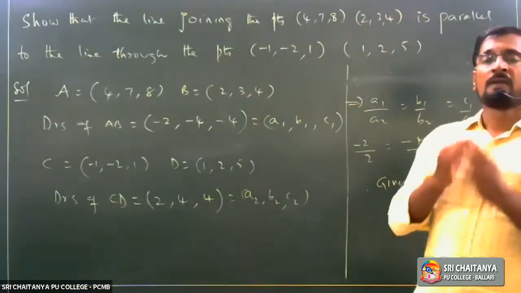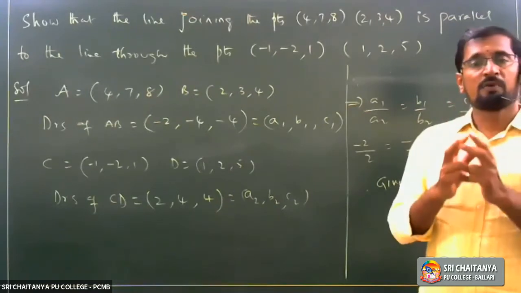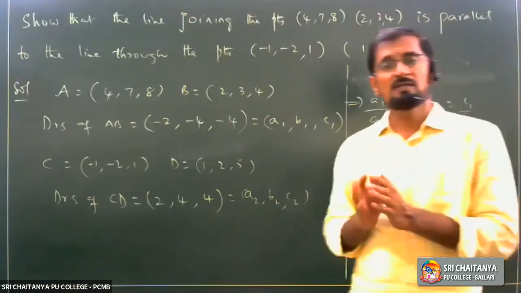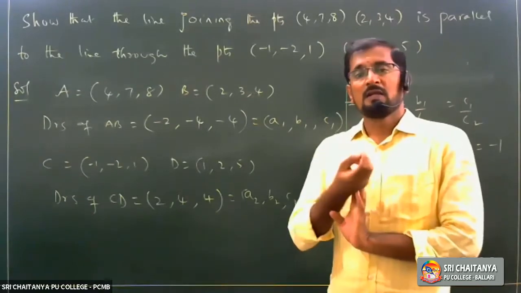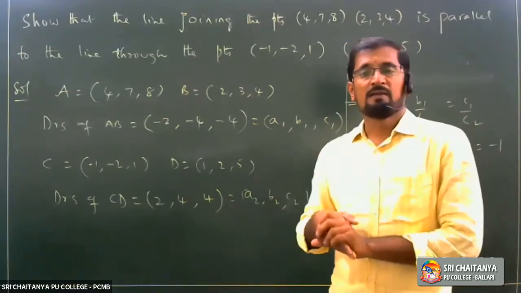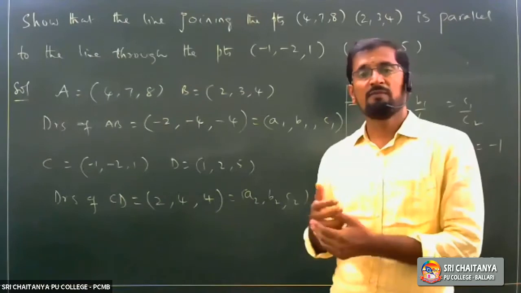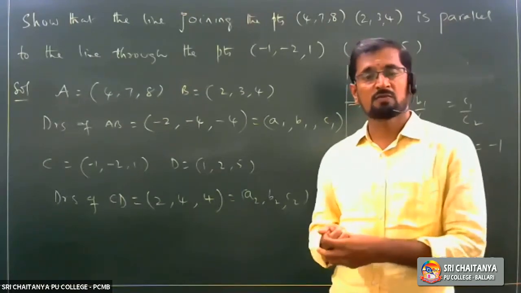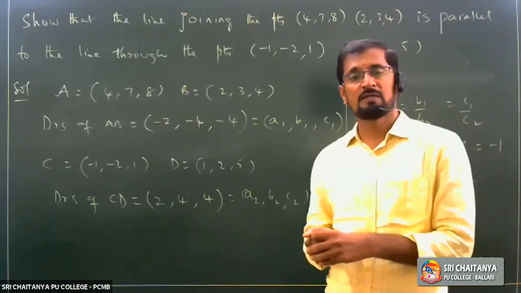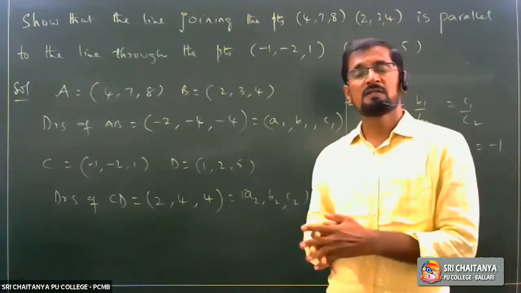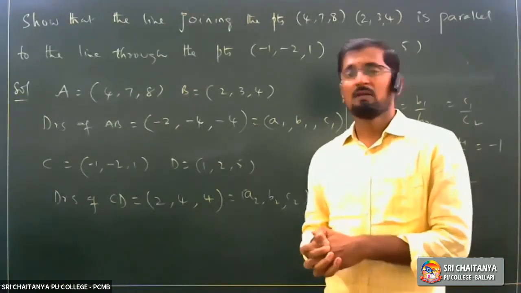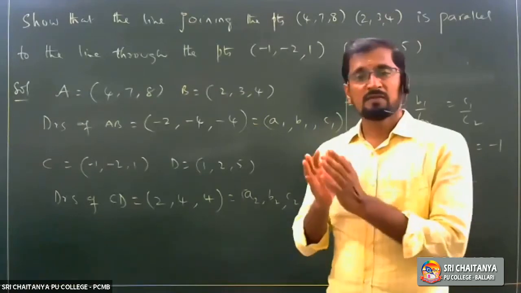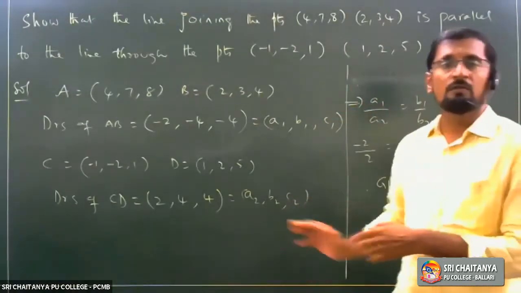After that, consider the other 2 points as C and D. Then the DRs of CD use the same formula, x2 minus x1, y2 minus y1, z2 minus z1, which is equal to a2, b2, c2. After that, you have a1, b1, c1 and a2, b2, c2.